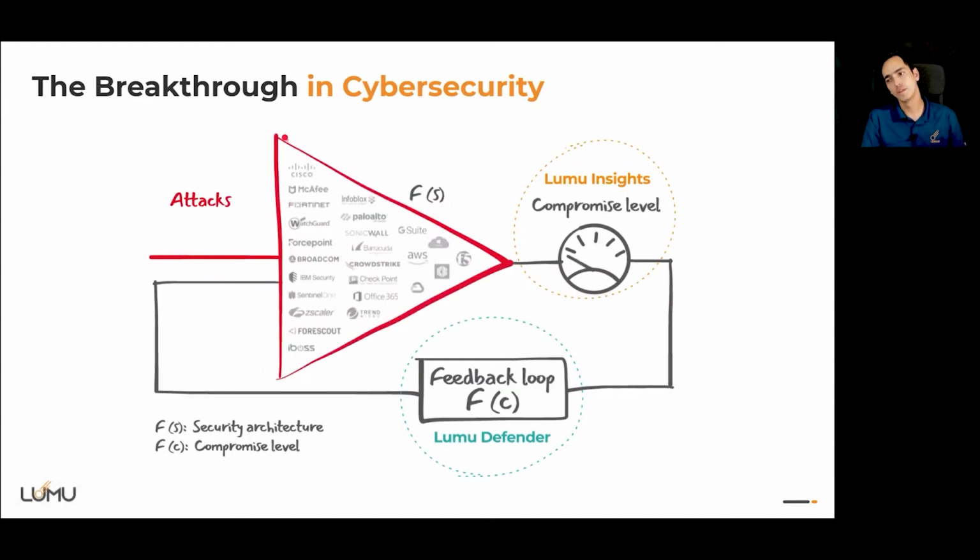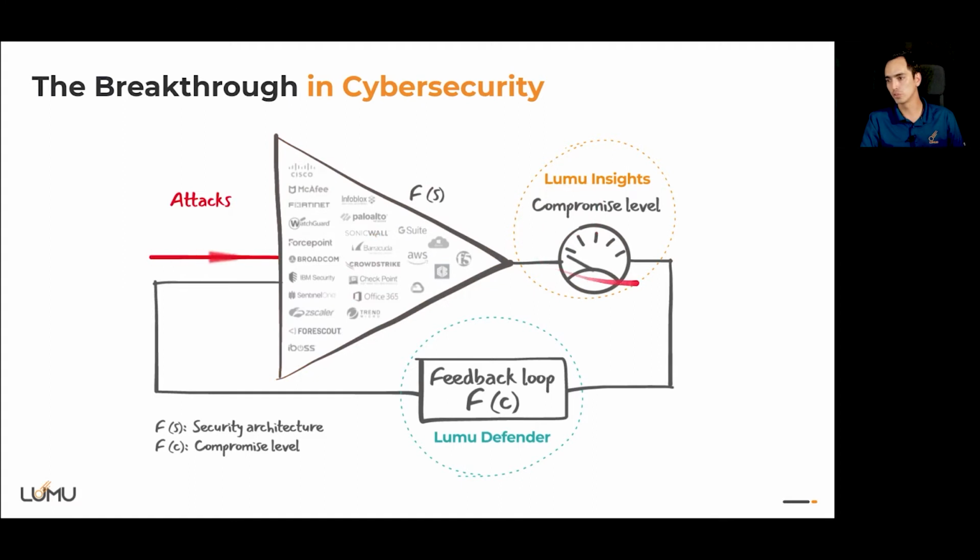And what we do with that information, and this is going to show us where LUMU sits. LUMU sits after the current cybersecurity infrastructure. The organization probably already made an investment in these kinds of systems, which are probably already working well and doing their job. But we need to make sure that we measure the compromise level after these systems have done their job.